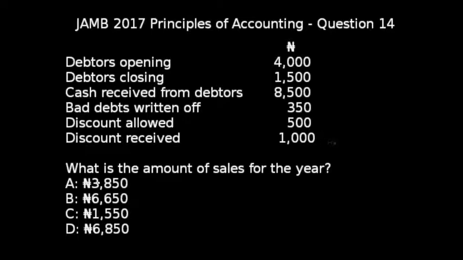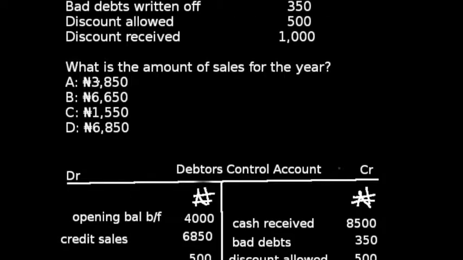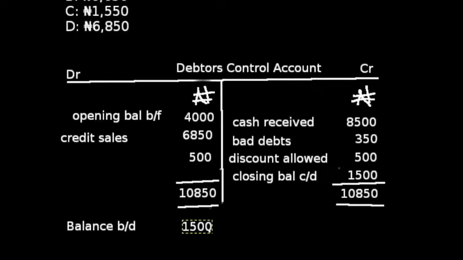Of course, in calculating our sales amount, what we need to use is a T format, and then we are to prepare a debtors control account. In the debtors control account we have the debit side, which is the left hand side, and the credit side, which is the right hand side.